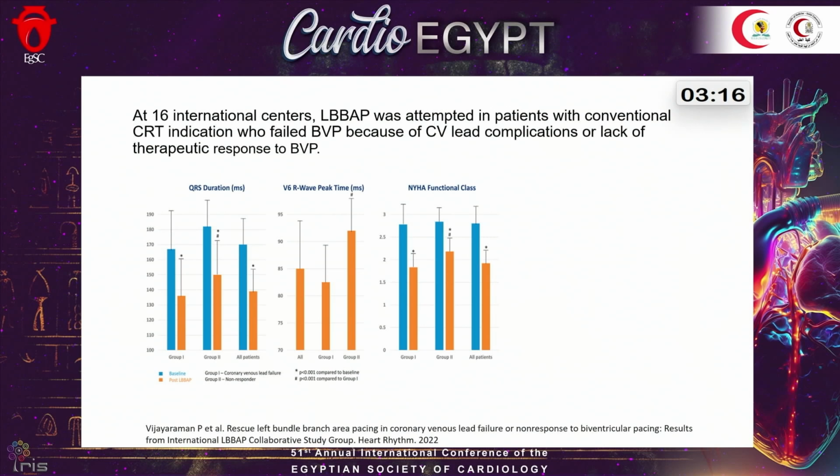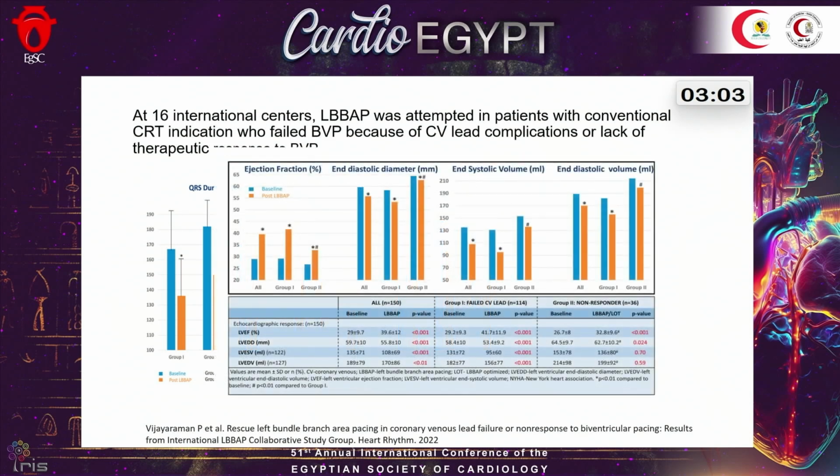And they followed these patients with left bundle area pacing, and they found that there is improvement in the QRS duration, improvement in the NYHA class, and even ejection fraction and echo parameters improved in this group of patients. And they compared the patients who were implanted with left bundle area pacing after a failed CRT implantation versus the non-responders.